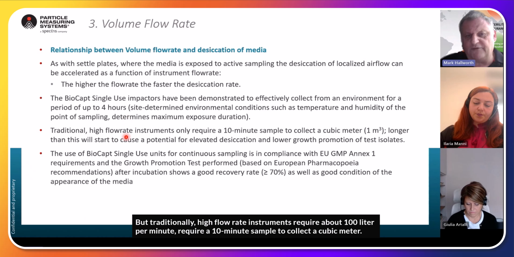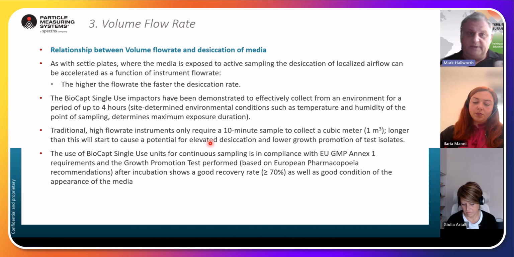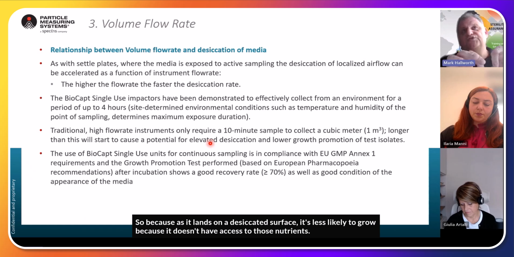But traditionally, high flow rate instruments require about 100 litres per minute, require a 10-minute sample to collect a cubic meter. Longer than that starts to cause potential for elevated desiccation, and that elevated desiccation leads to lower growth promotion test isolates. Because as it lands on a desiccated surface, it's less likely to grow because it doesn't have access to those nutrients.